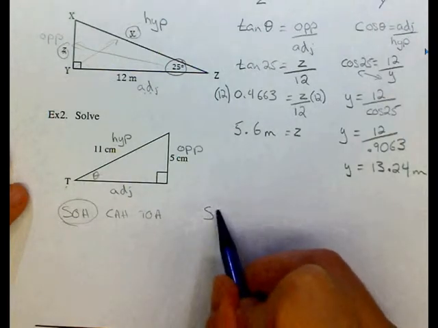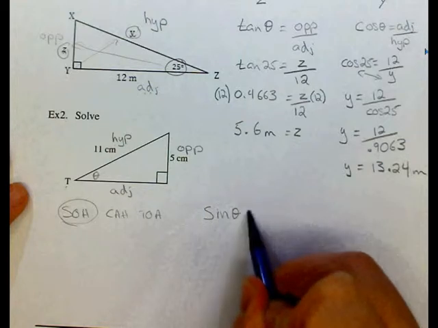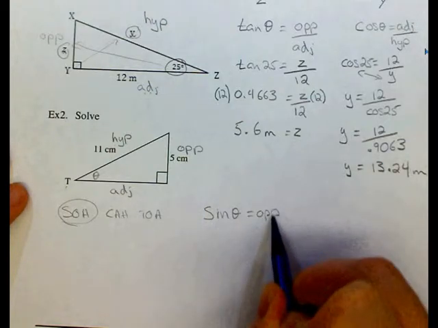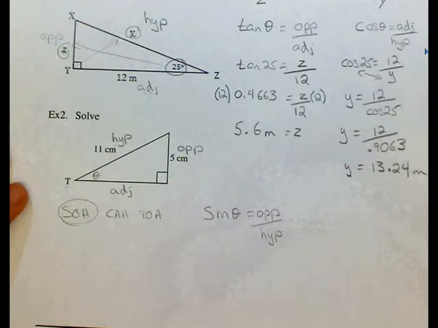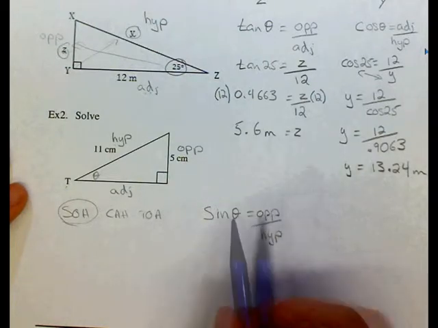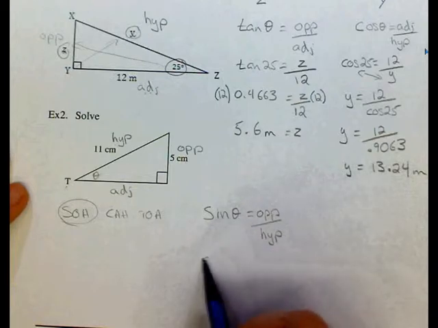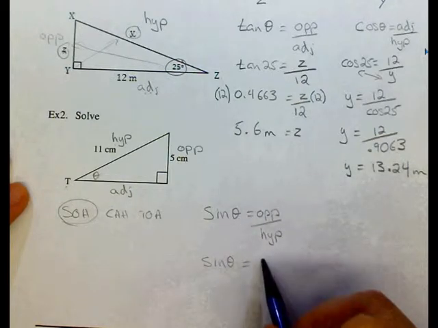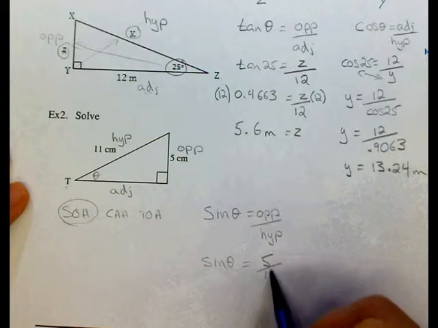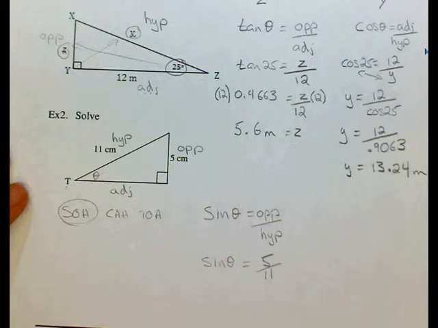So sine of the angle equals the opposite over hypotenuse. Plug in what you know. Sine of the angle is 5 over 11. Let's now take 5 over 11 down to 4 decimal places.